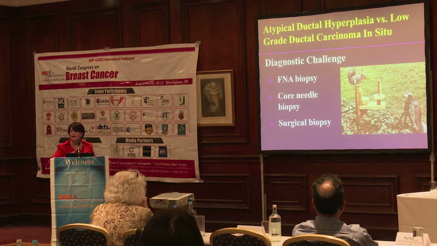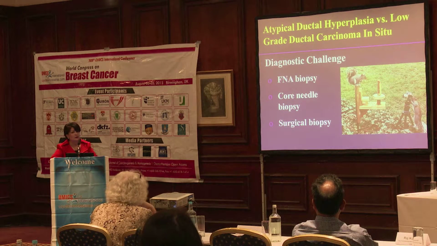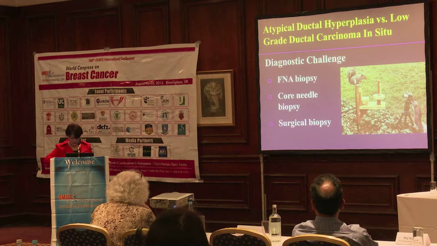And I think atypical ductal hyperplasia and low-grade cancer and these atypical proliferative lesions of the breast are entities that we really do not know what they are. That's the reason that we have such a difficulty to make that distinction. And unless we come across something that would help us, that is where we are going to be.